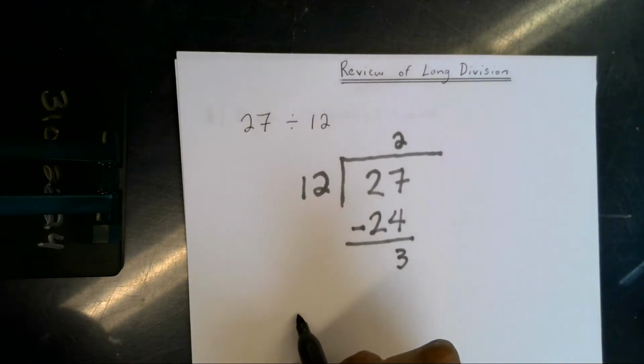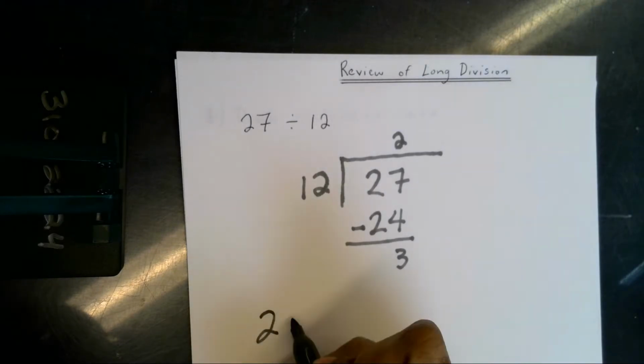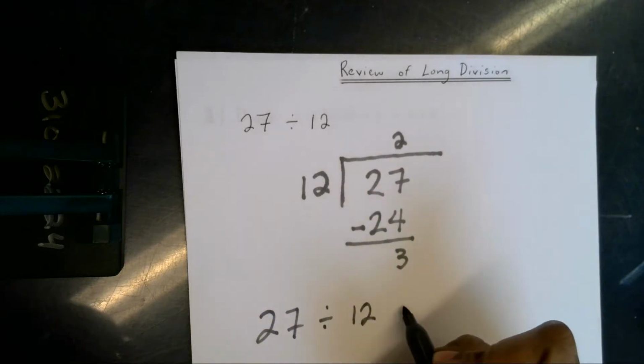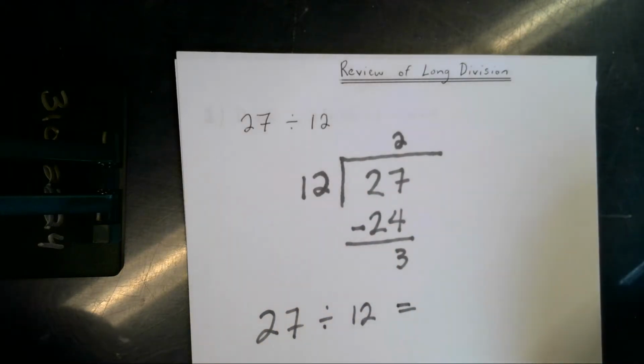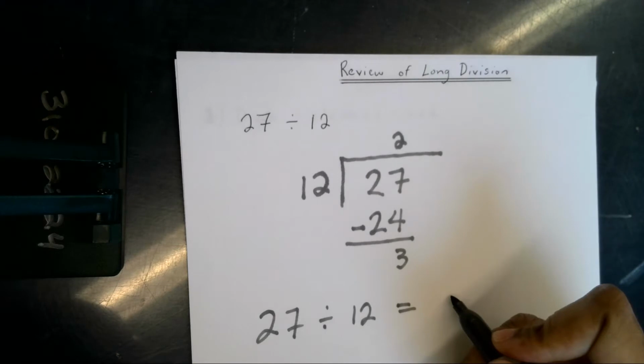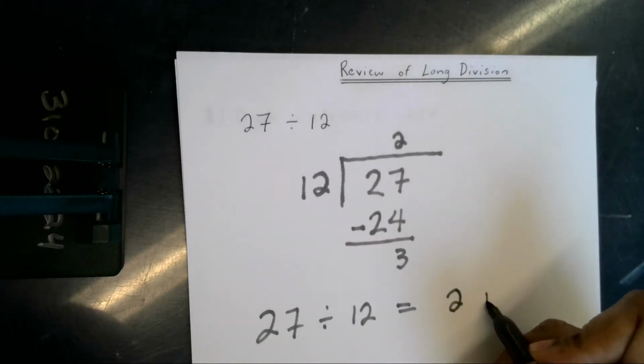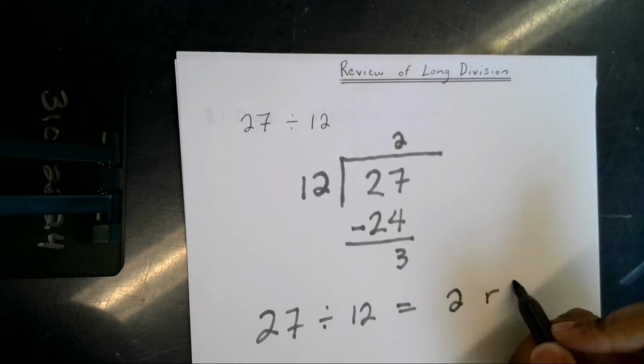We can say 27 divided by 12 is equal to 2 remainder 3.